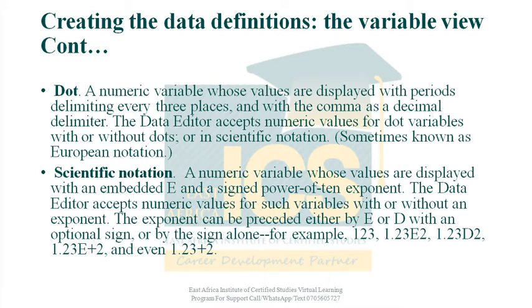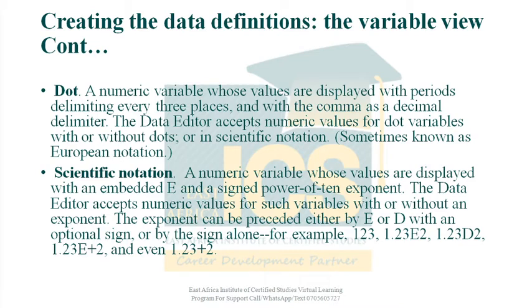Then we have the scientific notation, a numeric variable whose values are displayed with an embedded e or a signed power of 10 exponent. The data editor accepts numeric values for such variables with or without an exponent.